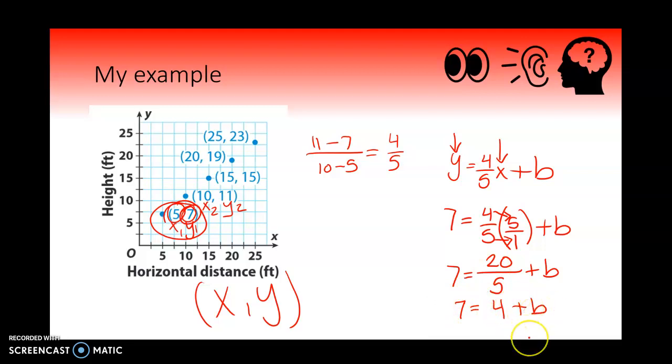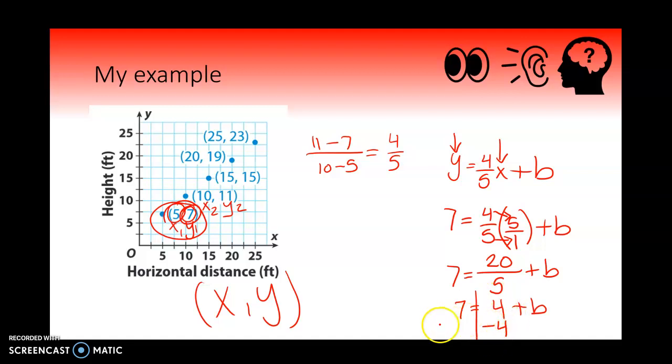Now I need to get b all by itself, so think back to 7th grade. I need to get b alone. To do that, I have to do the opposite operation of positive 4. The opposite of positive 4 is negative 4, but whatever you do to one side, you have to do to the other. Just think of your siblings. If your sibling got something, you tell your parents, I better get the same thing.